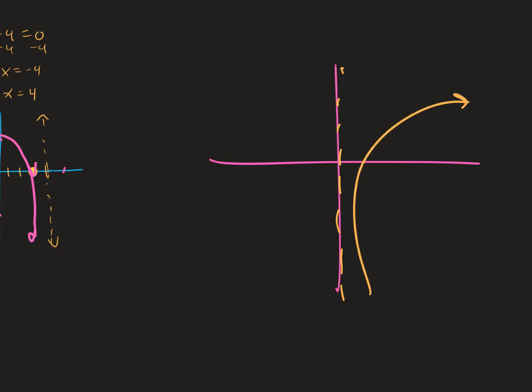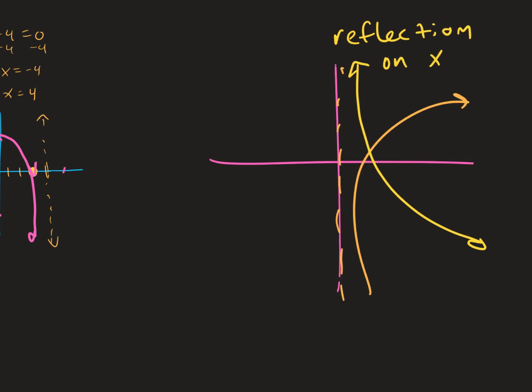Then it would flip along this. This is now my mirror. So it would go this way if I had a reflection on the x, because whatever's on top here is now on the bottom. Whatever's on the bottom is now on the top. So this would be a reflection on the x, and that would be if we had a negative outside. So if it was like negative log base 5 of x.